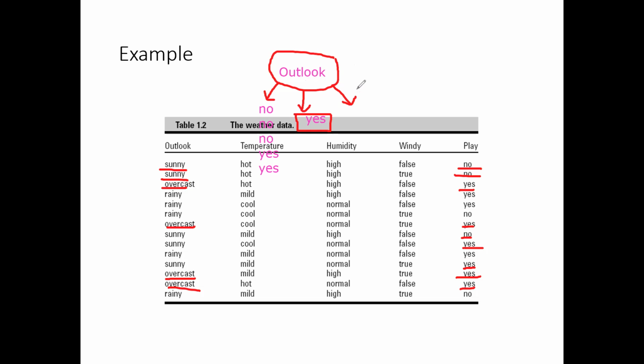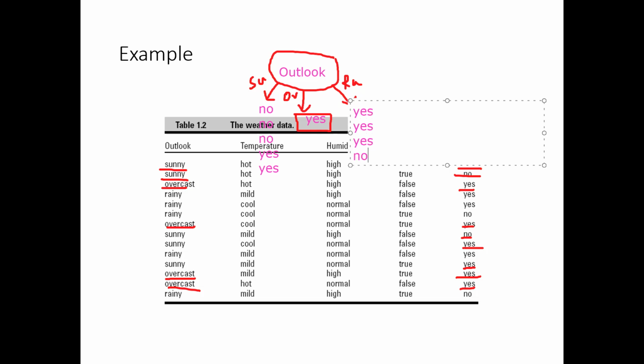Look at Outlook is rainy. So this is Outlook is sunny, this is Outlook is overcast, and this is rainy. If you look at rainy, we have yes, yes, no, then again yes, and no. So we have 3 yeses and 2 no's.